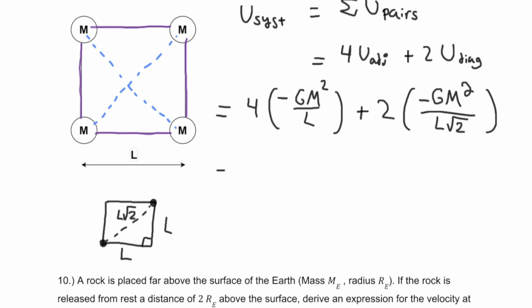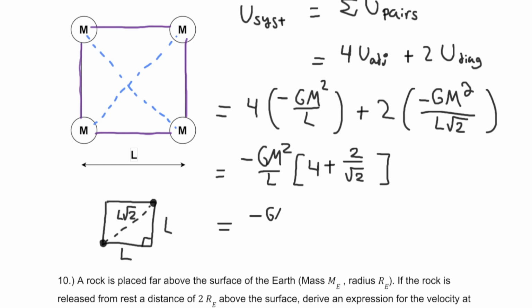So then we can just factor out the negative GM squared over L. And we get a 4 plus 2 divided by square root of 2. And working that out, we get GM squared over L times 4 plus, rationalizing, we actually just get square root of 2.